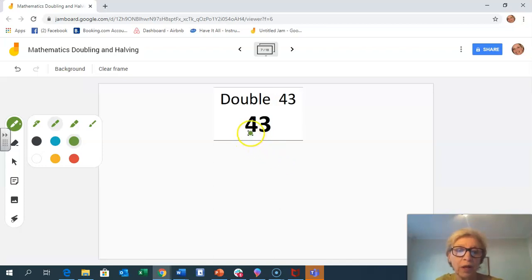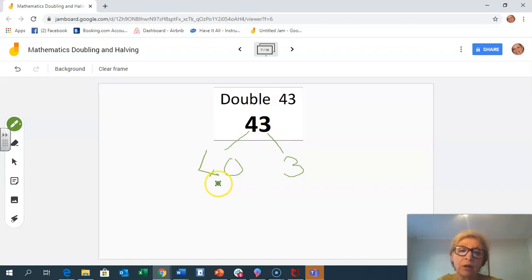So firstly, we're going to split up 40 and 3, knowing that that 4 in its position in the tens column represents 40, not 4. And there we have 3 in the units column. If I double 40, well, 40 plus 40 is 80, like you would say 4 plus 4 is 8, so 40 plus 40 is 80. 3 times 2, or 3 plus 3, is 6.